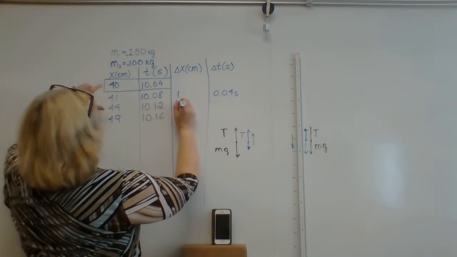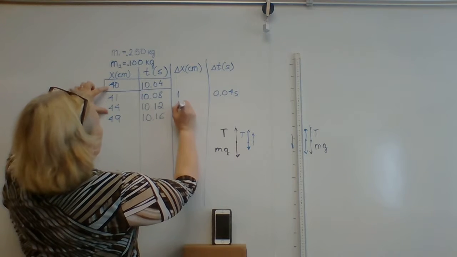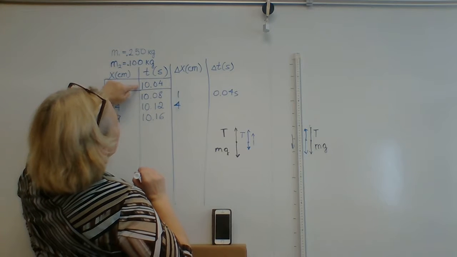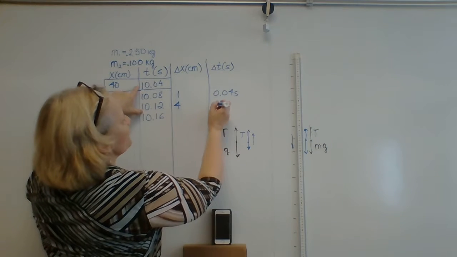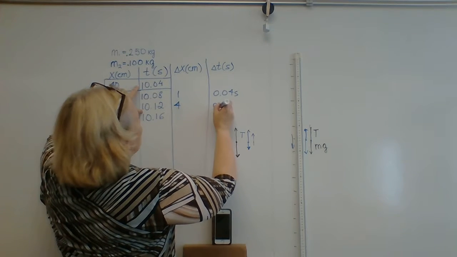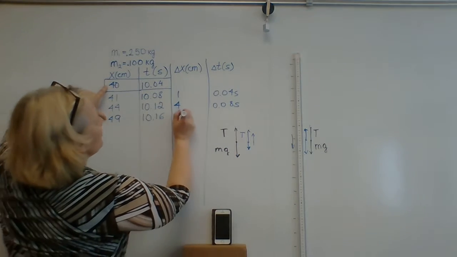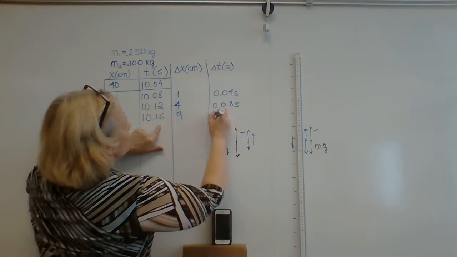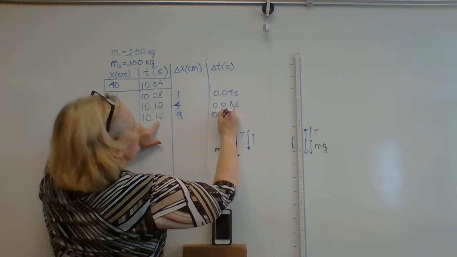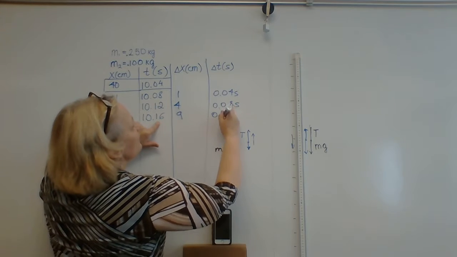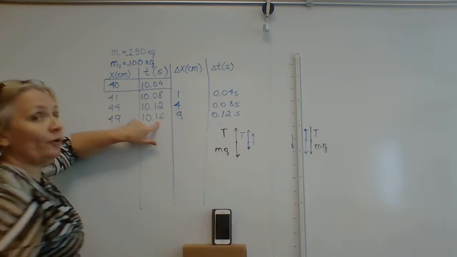The second, I subtract the first one, and it will be distance 4, and I subtract 10.04 from 10.12, and I will have 0.08 seconds. And then I subtract here, and it will be 9 centimeters in what? In 0.12 seconds, and so on.